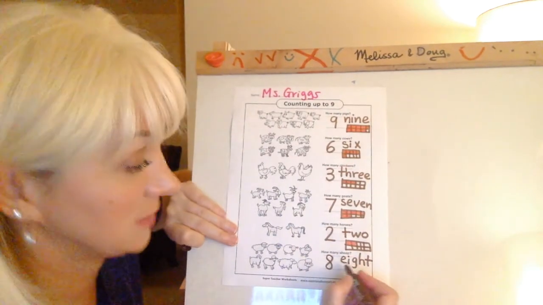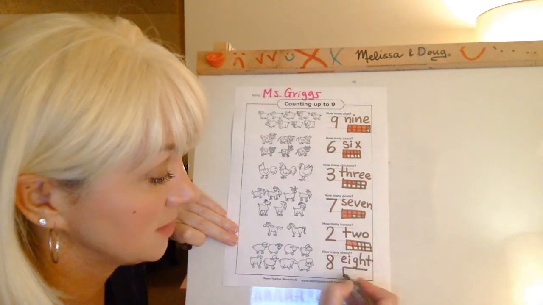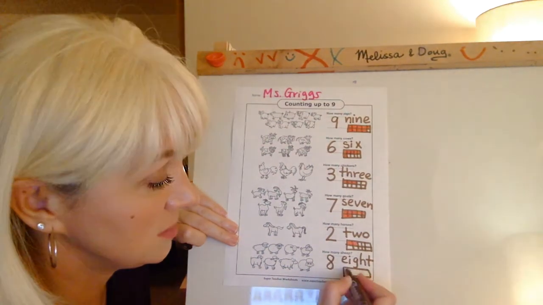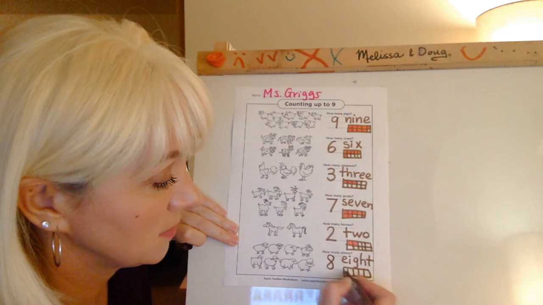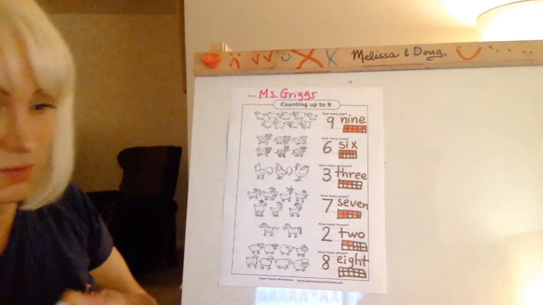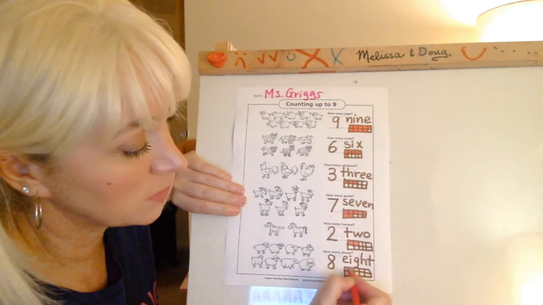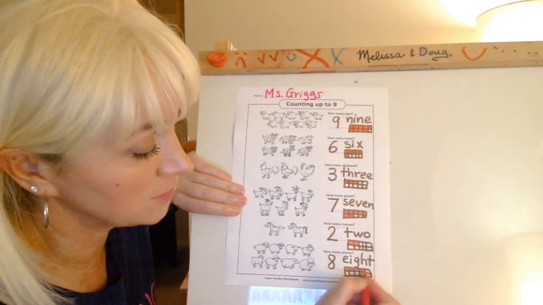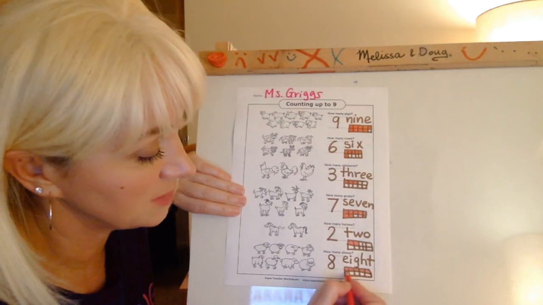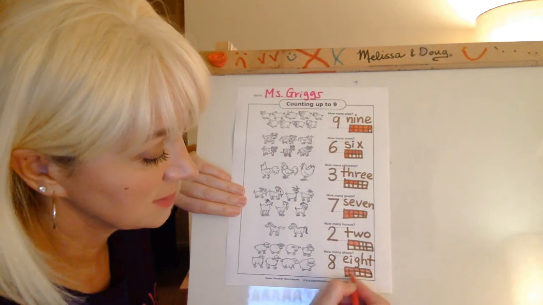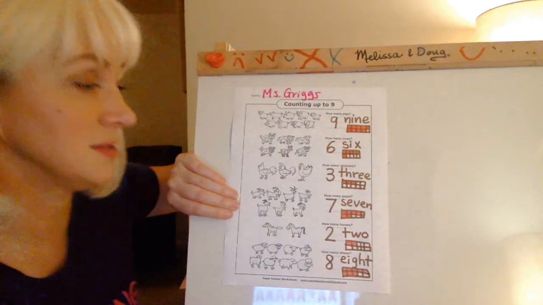That's definitely like a sight word we would have to memorize. And make my 10 frame here. And I'm going to color 8 of those in to represent it. 1, 2, 3, 4, 5 on top, 6, 7, and 8.